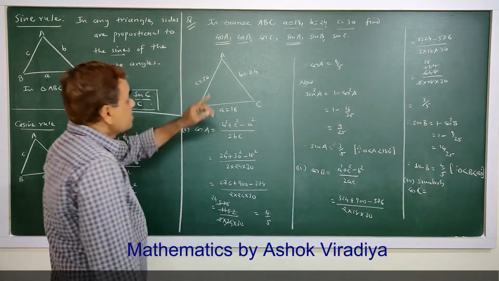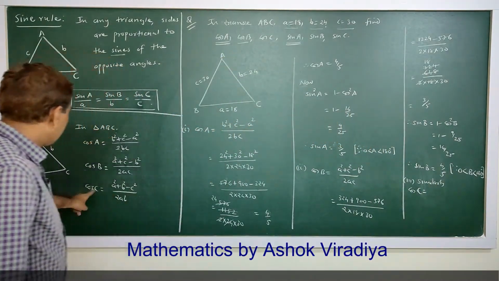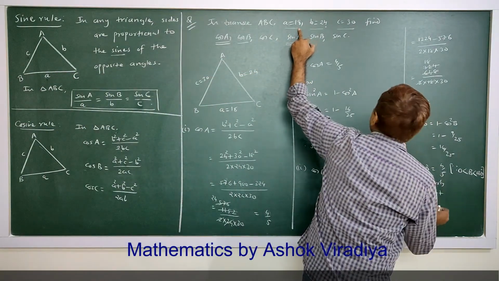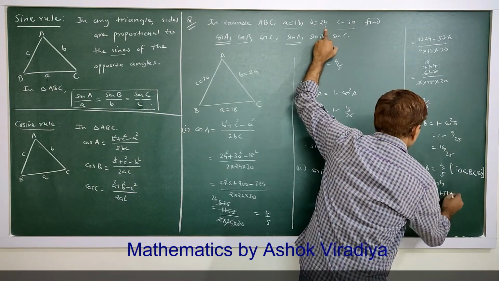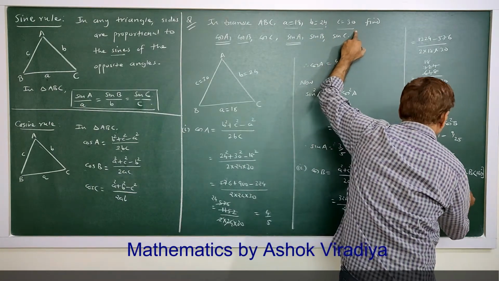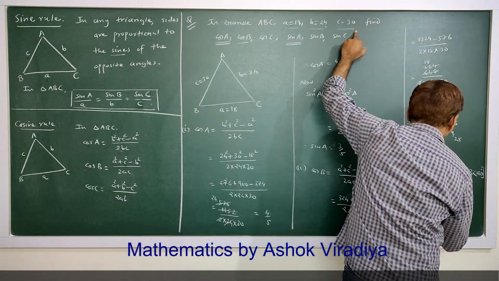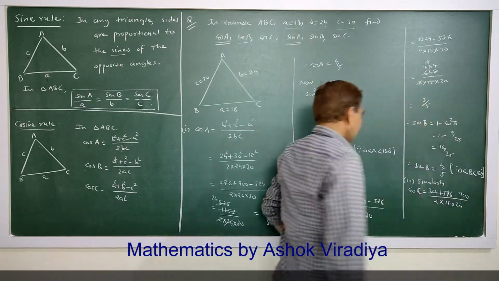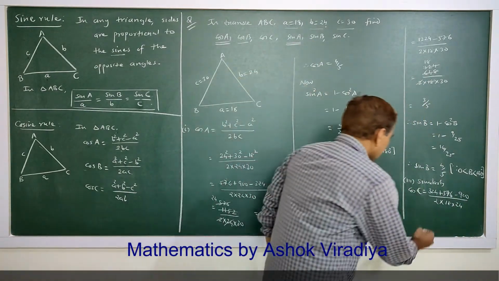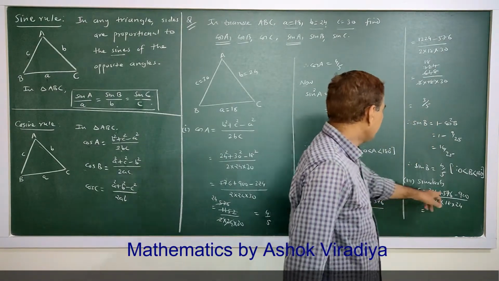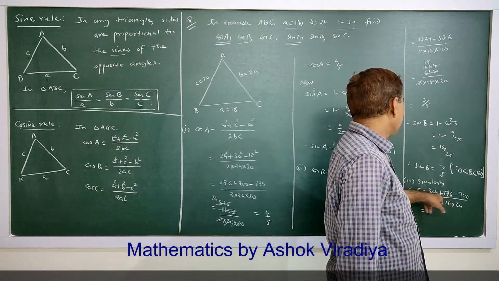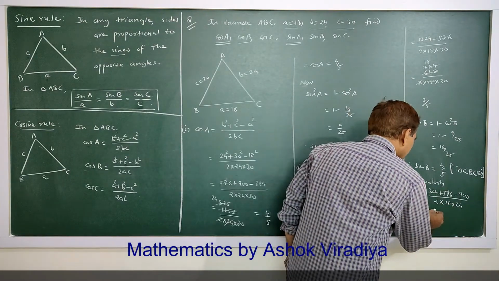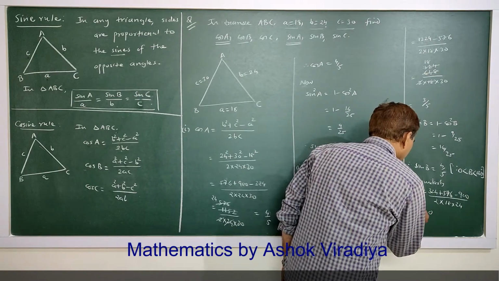Cos C is, this is the formula, A square plus B square minus C square upon 2 into A into B. A square is 324 plus B square is 576 minus C square 900 upon 2AB. So 324 plus 576 is 900, 900 minus 900 is 0. Cos C is 0.